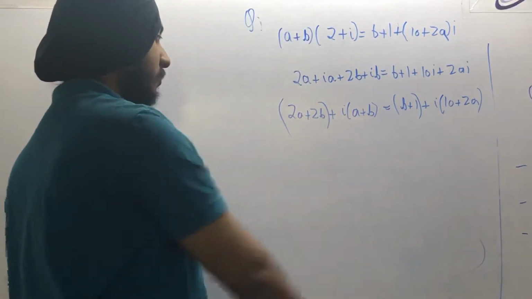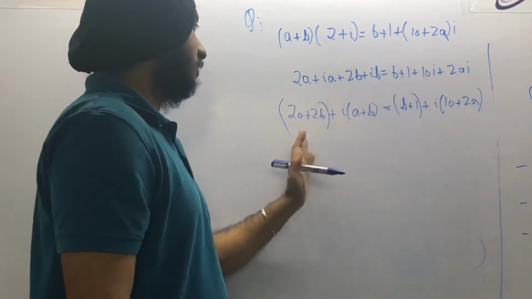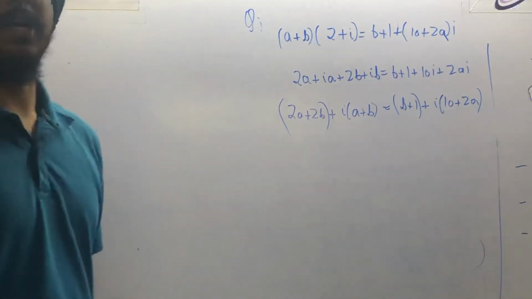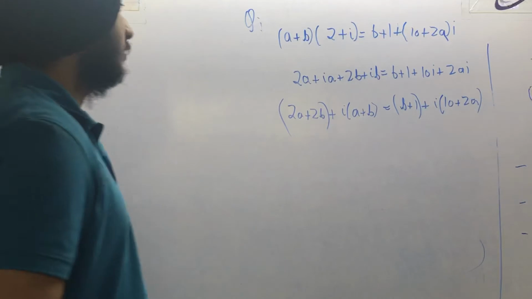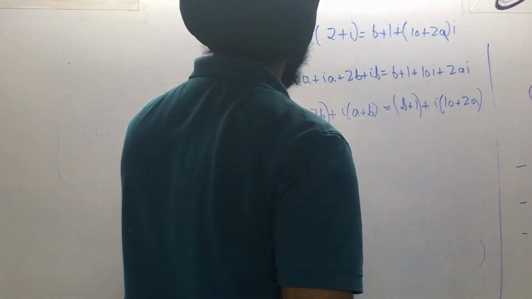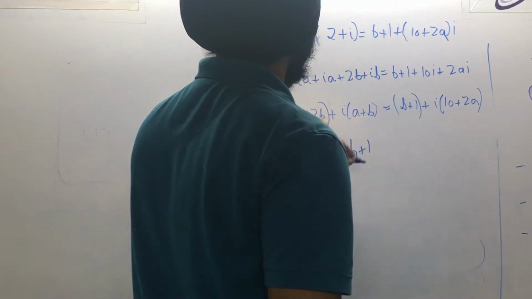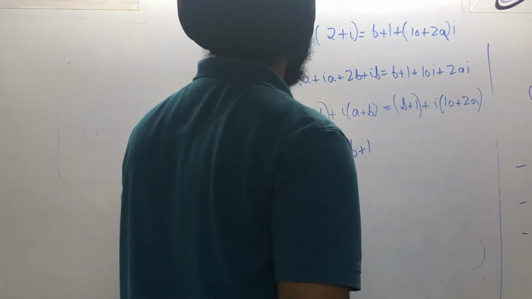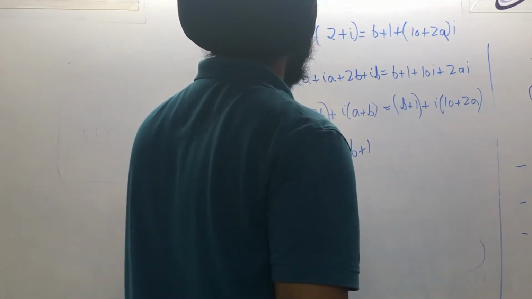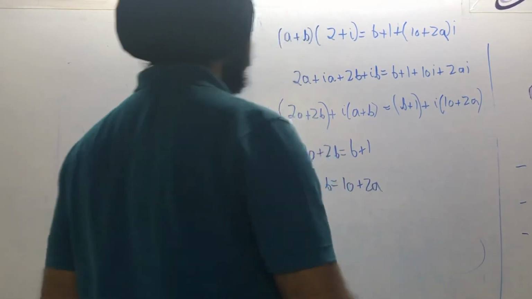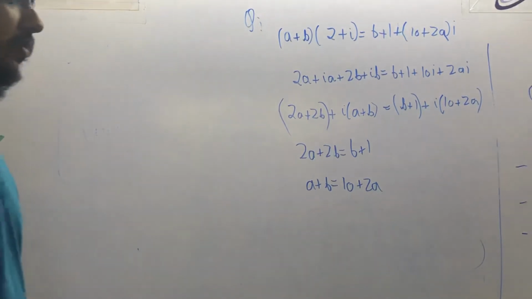This is the real part and this is the imaginary part. Equate the real parts and imaginary parts. So 2a plus 2b is equal to b plus 1, and the second equation is a plus b is equal to 10 plus 2a. These are the two equations that you get and you have to solve them.